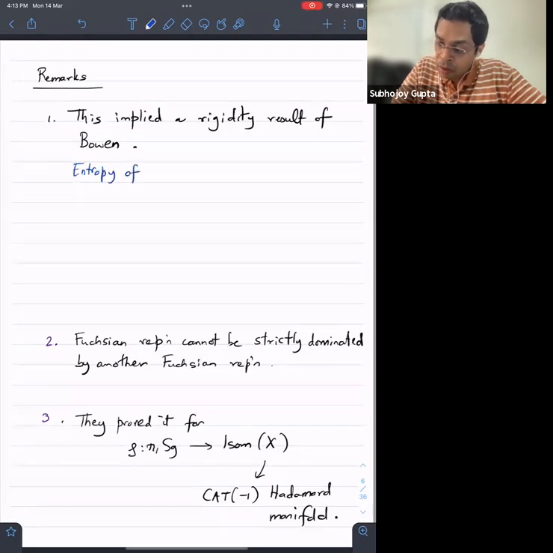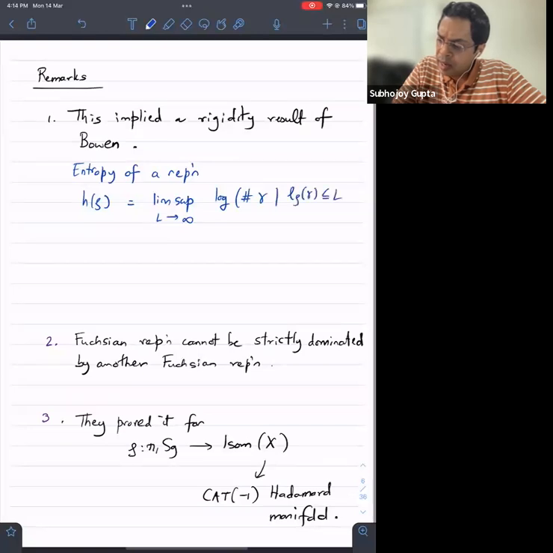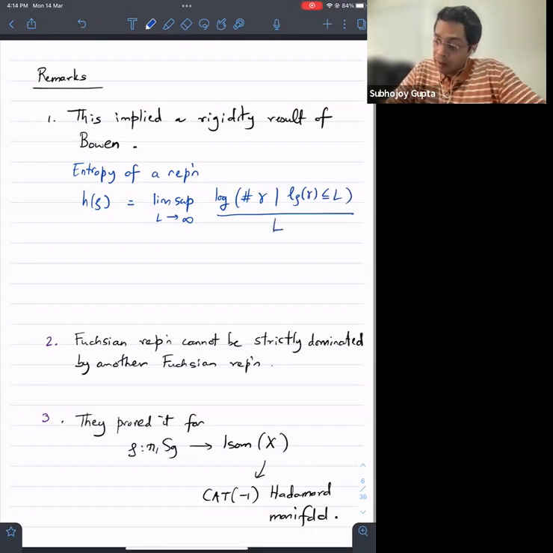The entropy of a representation, also called critical exponent in the case of discrete representations, you can think of as this lim sup, as L goes to infinity, of the log of the number of curves whose length is less than L, divided by L. So this is a rate of growth of these curves.